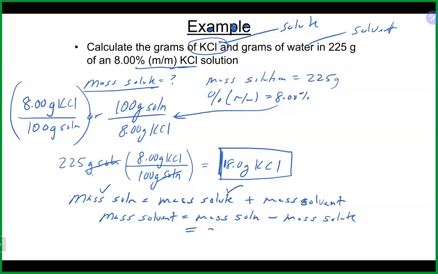So that's going to give me 225 grams minus 18 grams. About 207 grams of water we need to toss in there, along with our 18 grams of KCl, and we will have a solution that is basically 8% KCl.